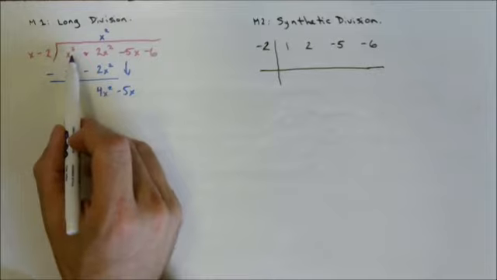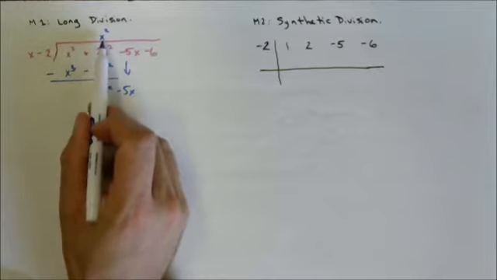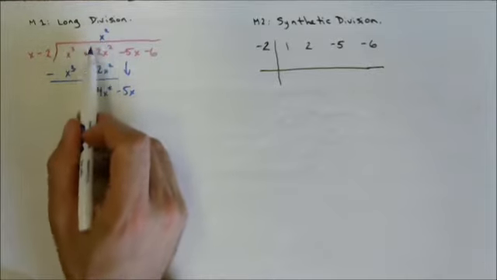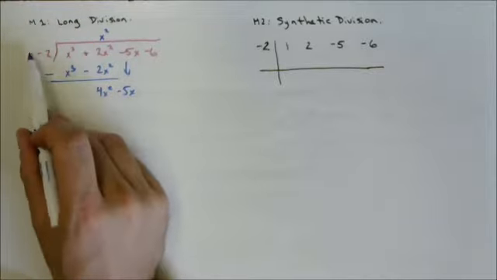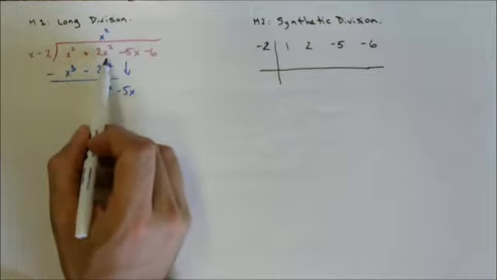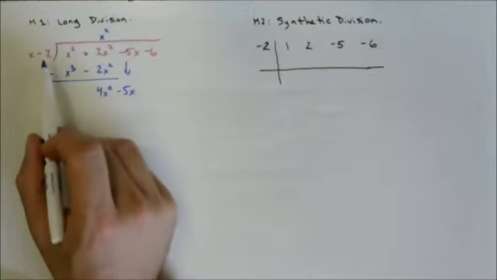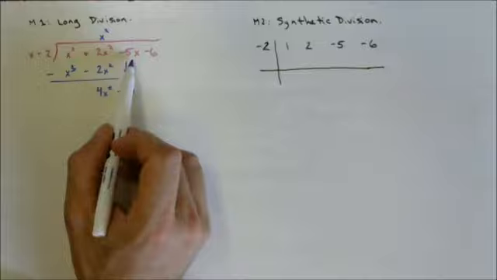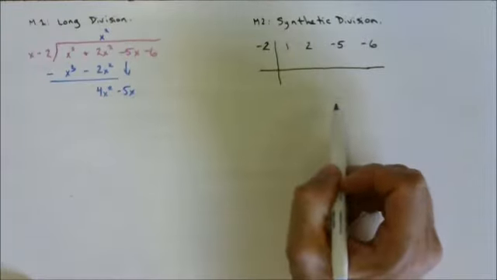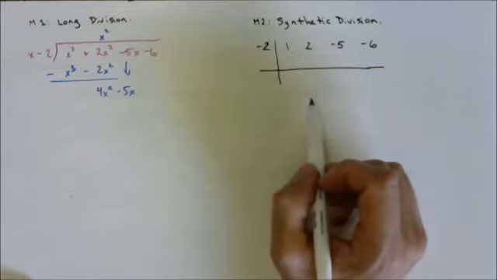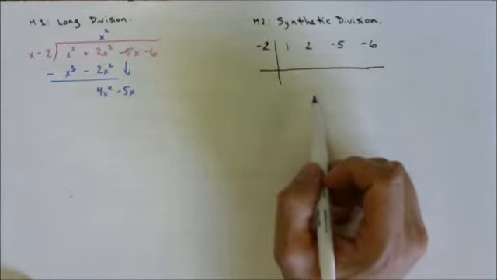We started with a cubic, and we're going to end up with a quadratic. So if we divide out a factor of x from this term, we end up with x squared. If we divide out a factor of x from our x squared term, we end up with something times x. If we divide out our x from our x term, we end up with just a constant. So that's going to be assumed when we get to the answer. We're just going to plug our powers of x back in where we know that they go intuitively.